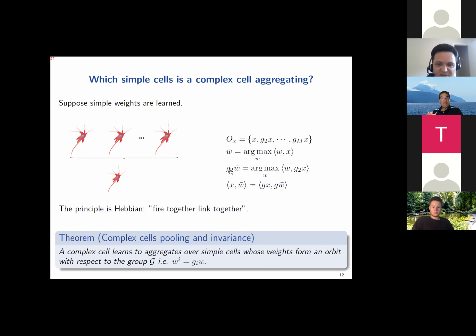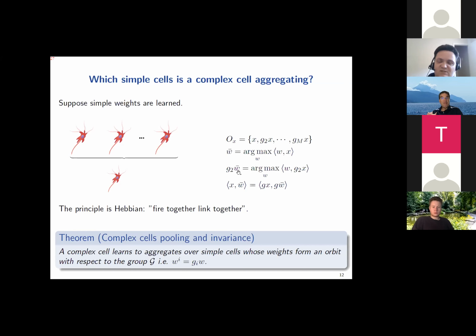And this is a very simple algebraic problem, and you can immediately see that due to the properties of invariance under unitary transformation of the dot product, the cell that is going to fire most is going to be G2 omega bar.